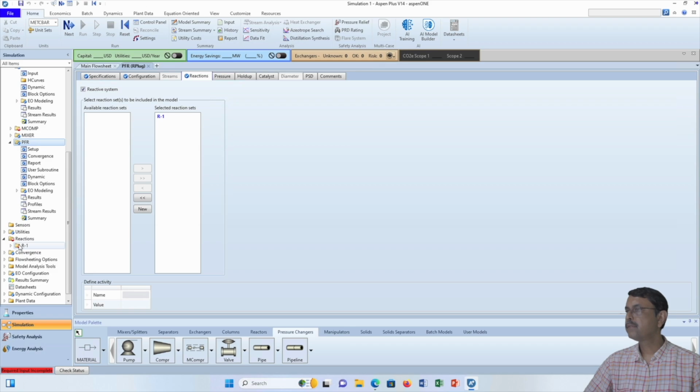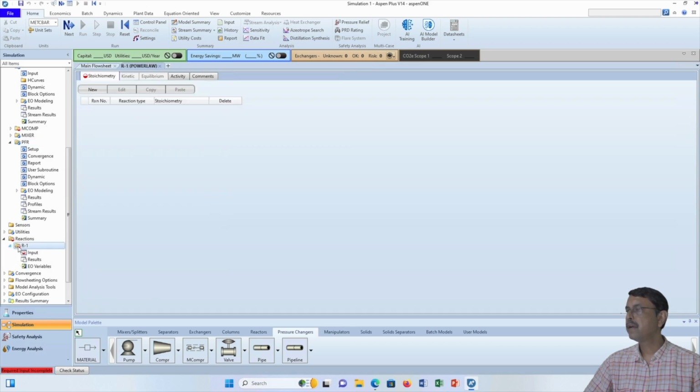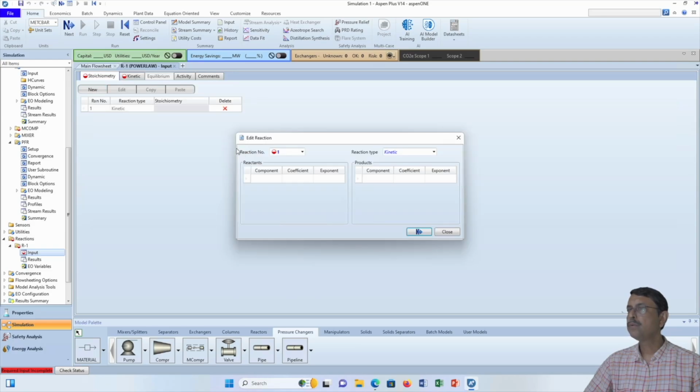So let us define the reaction input, say new, as 1 mole of acetone produces ketene and methane.